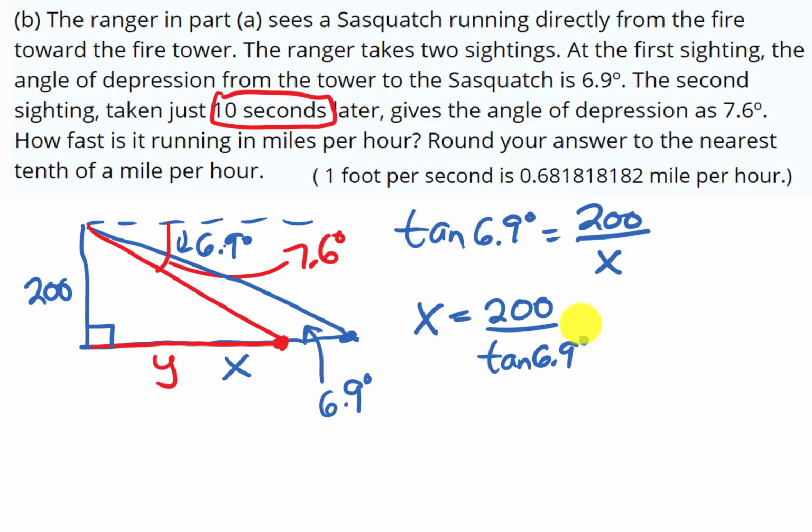Now let's go to the other triangle with the closer sighting, and so this angle right here would be 7.6 degrees, alternate interior to the angle up here.